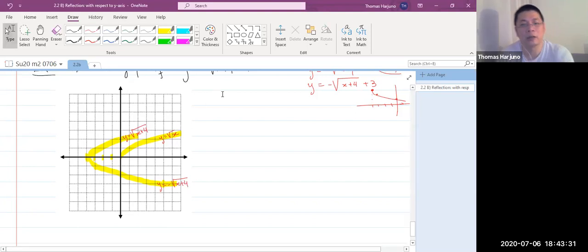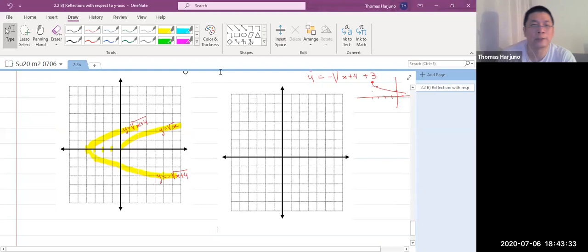Then finally, we move it up 3 units. So the vertex, originally negative 4, 0, now up 3, is here. Instead of up 1, right 1, because of reflection with respect to the x-axis, it becomes down 1, right 1. Down 2, right 4, down 3, right 9.